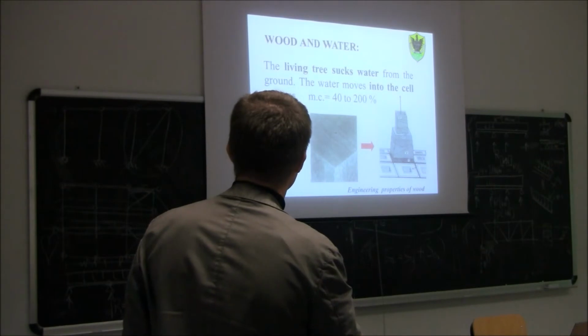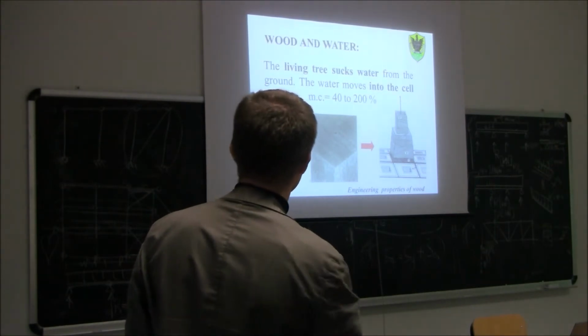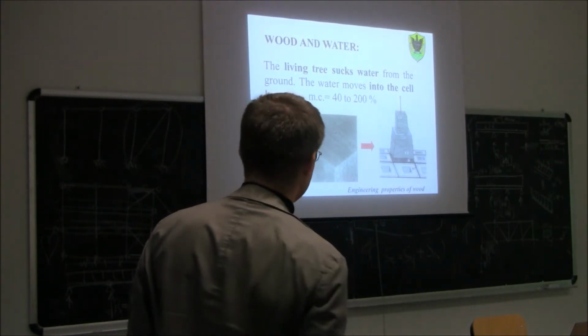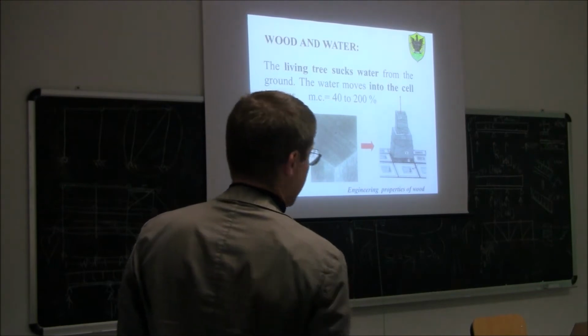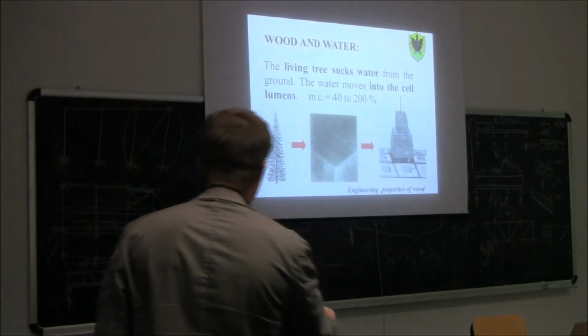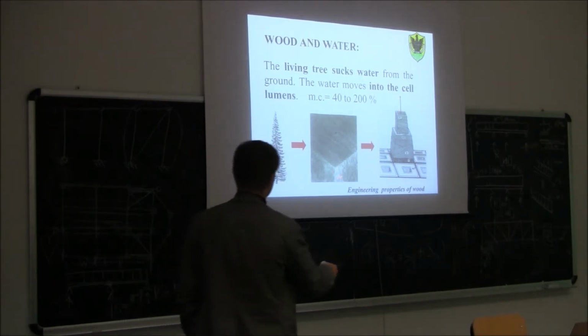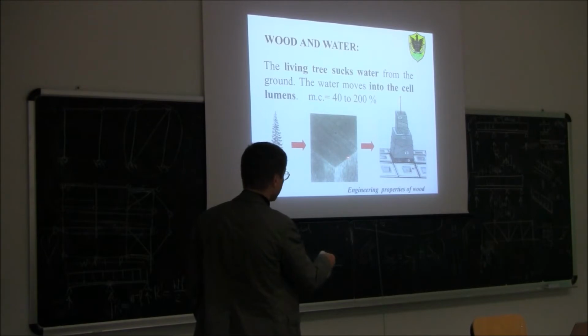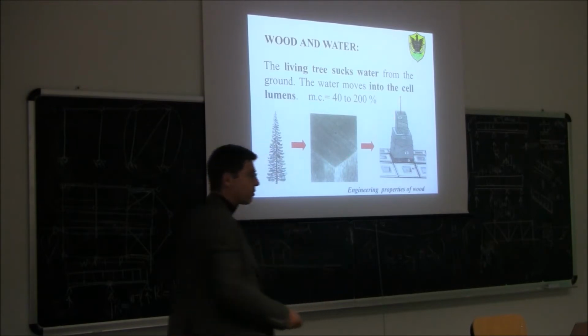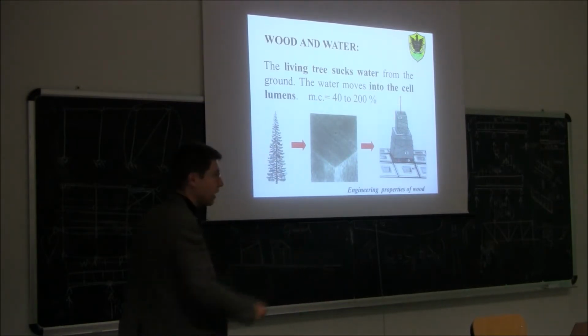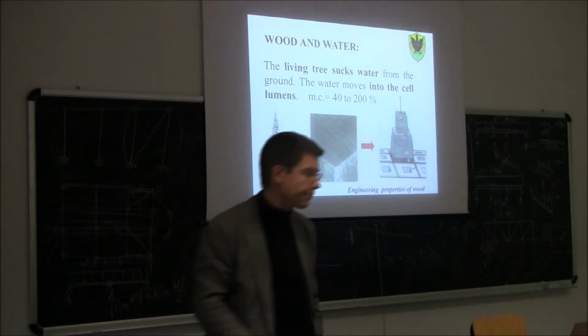Now, let's have a look at this slide here. Here you can see we have a living tree. You learned last week that the microstructure of a living tree is basically made up of a number of straws, those cells. Those cells have a cavity inside, which is called the cell lumen.